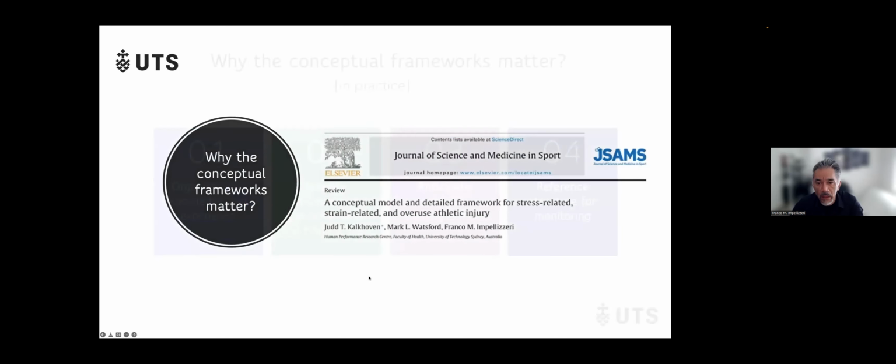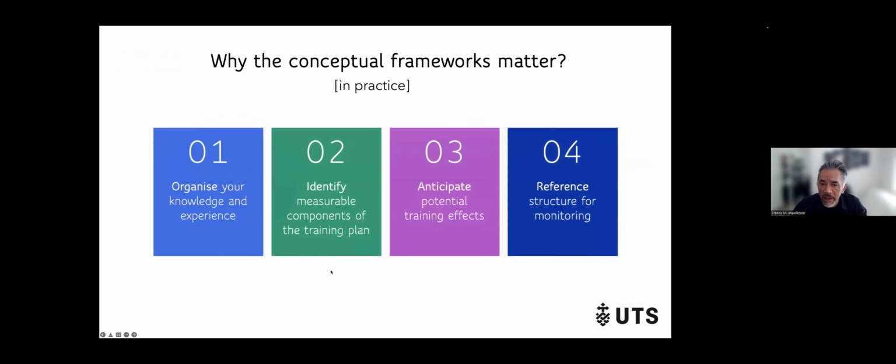You have to identify the measurable components of the training plan. So if I want to monitor the training, what variable do I select to measure the training process? I have to anticipate the training effect, because we don't train someone with strength training because there is an association.